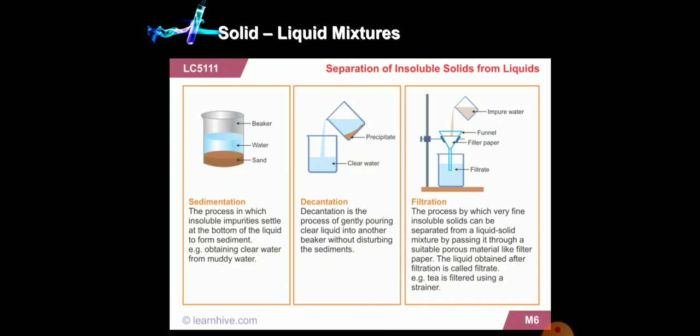Whatever insoluble impurities are present in the water get filtered. Whatever solid things are present get trapped in the filter paper, and the liquid which is obtained after filtration is known as the filtrate. That is, it can be clear water.